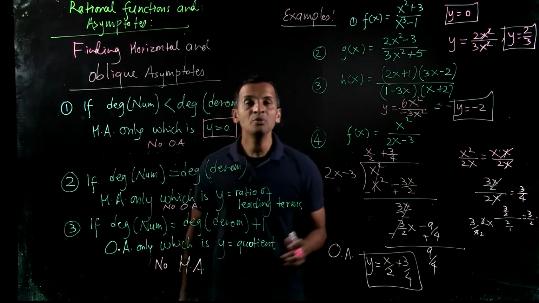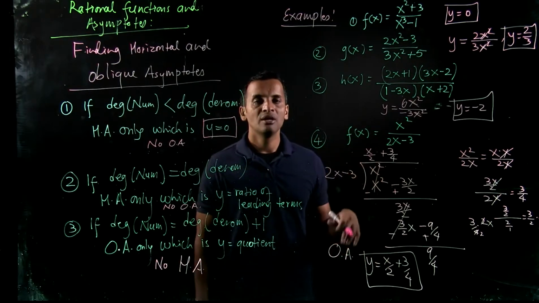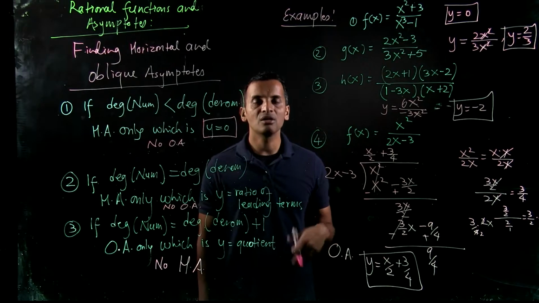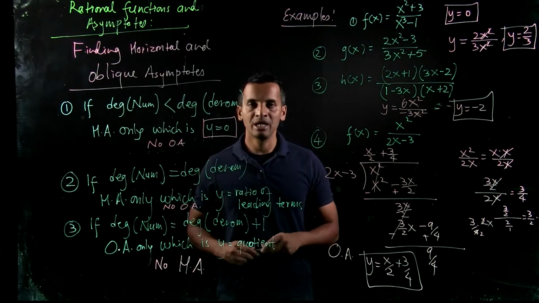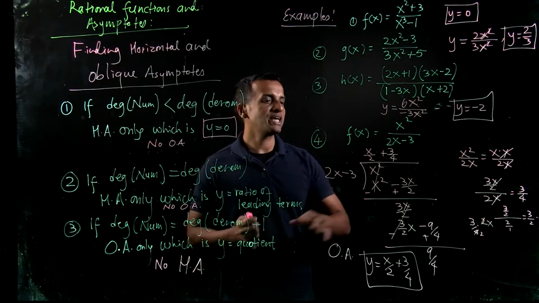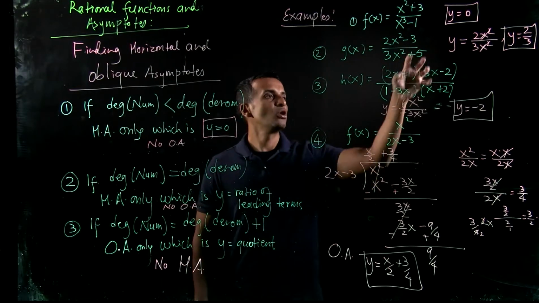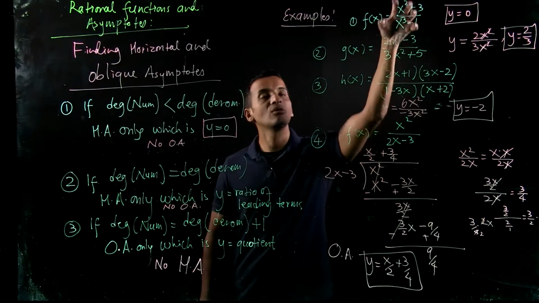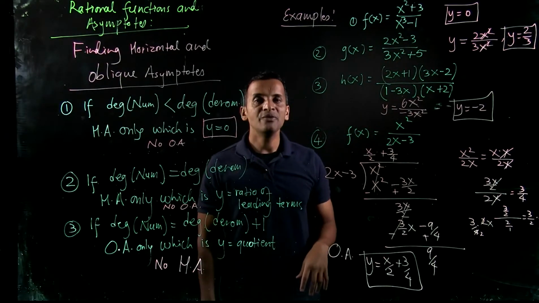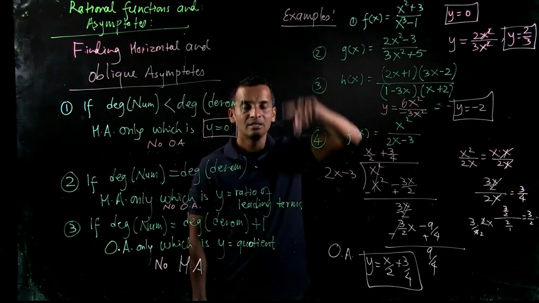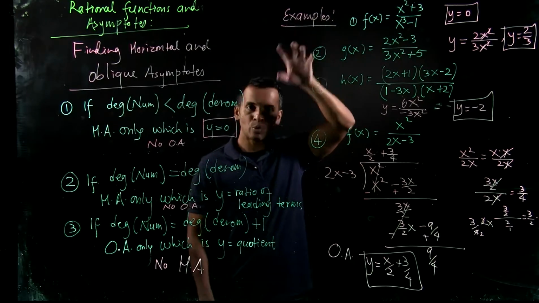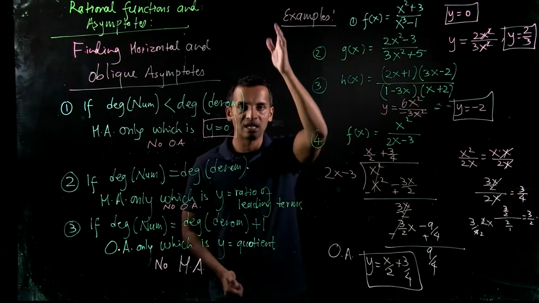In fact, you can figure out the horizontal, vertical, or oblique asymptote from the graph as well. You can estimate those. If you plot these functions in the graph, you can see that if there is a vertical asymptote, the curve blows up towards the vertical line, right?